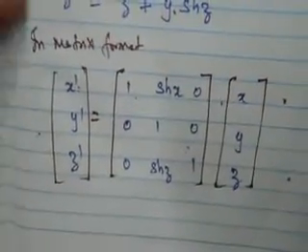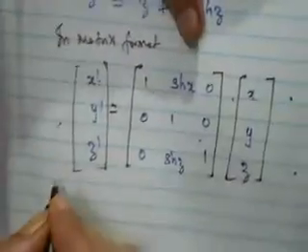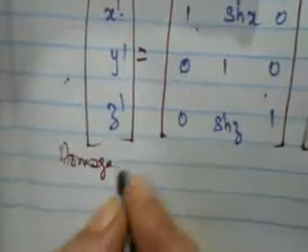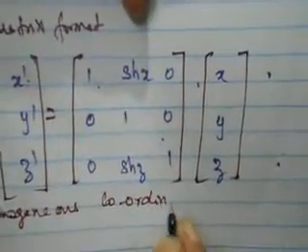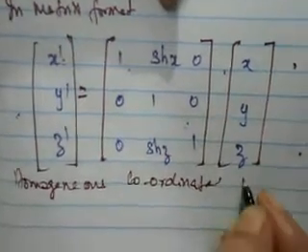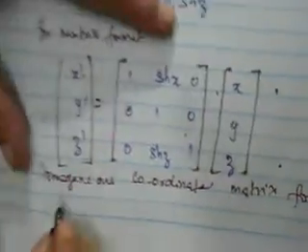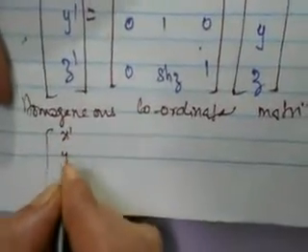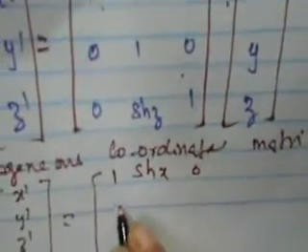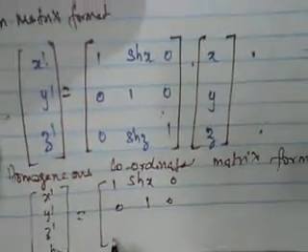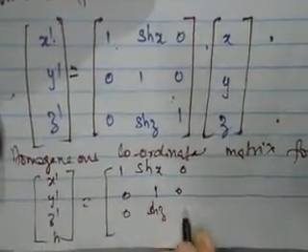For this we have to write the homogeneous coordinate matrix form. So we write x dash, y dash, z dash, h, which is equal to the same three dimensions as they are: 1 shx 0, 0 1 0, 0 shz 1.